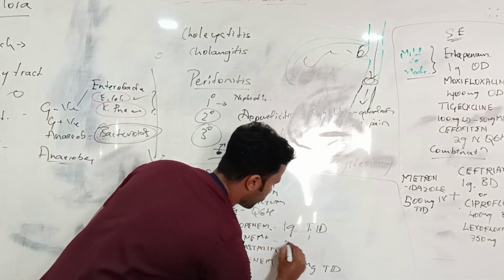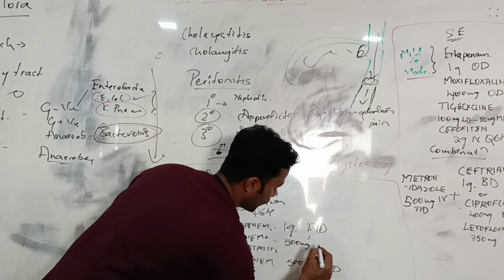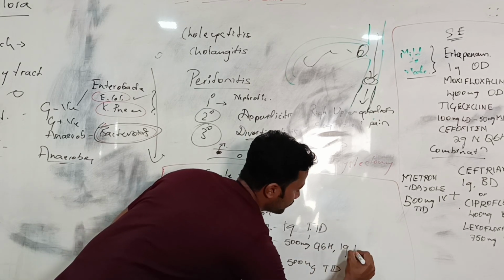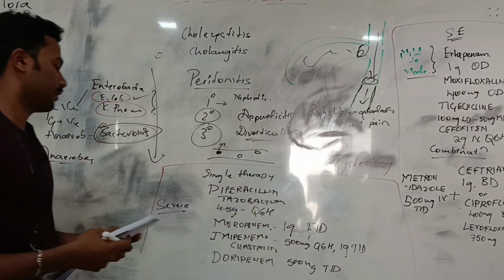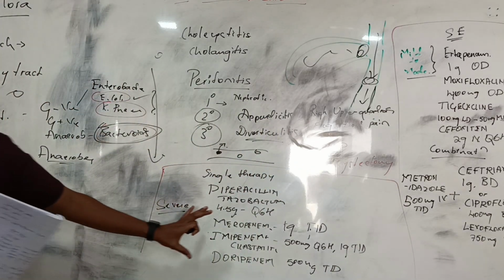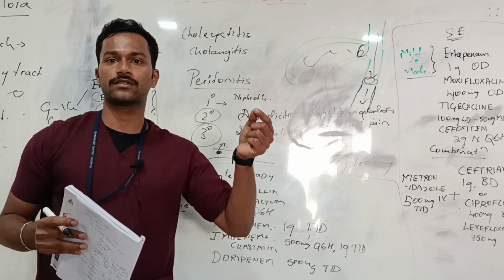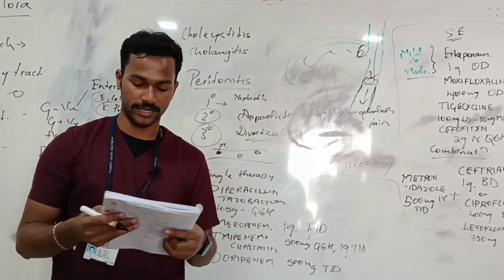Imipenem it is 500 mg every 6 hours or 1 gram TID. Okay. This is the single therapy or the single drug which can be used for severe intra-abdominal infection.